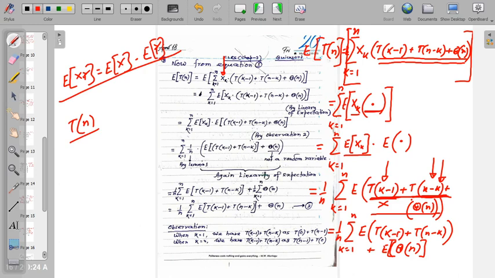And the whole thing is multiplied by 1 by n again.